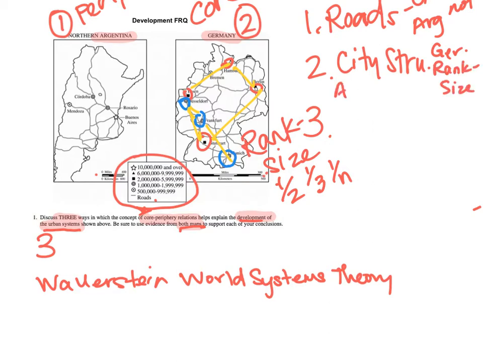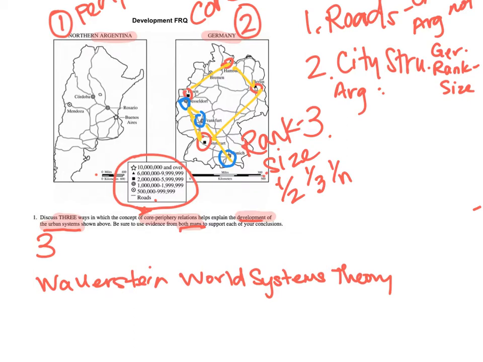And then let's get into Argentina. Argentina over here, okay. So the biggest city is Buenos Aires, which is the capital, that makes sense. But it's big, it's 10 million or over. So that tells me that Buenos Aires is a really, really, really big city, okay?